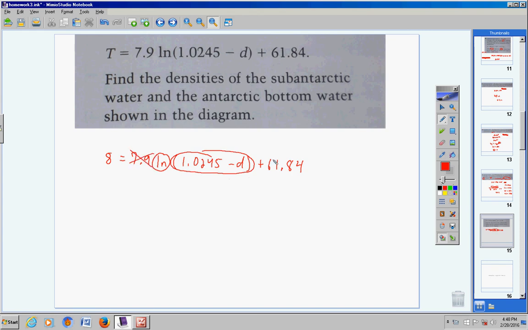This number has to go, and this number has to go. So let me bring over the positive 61.84, make it negative. So this is now gone, and I'm going to be left with negative 53.84.